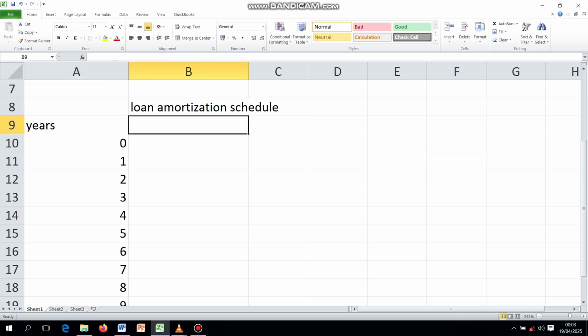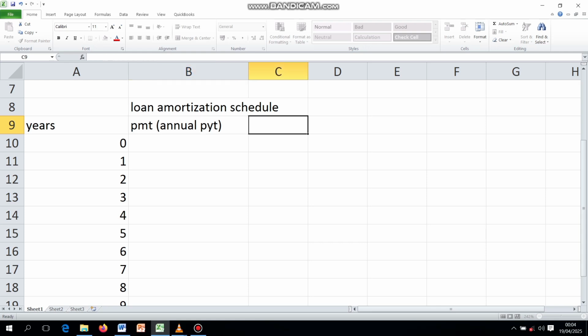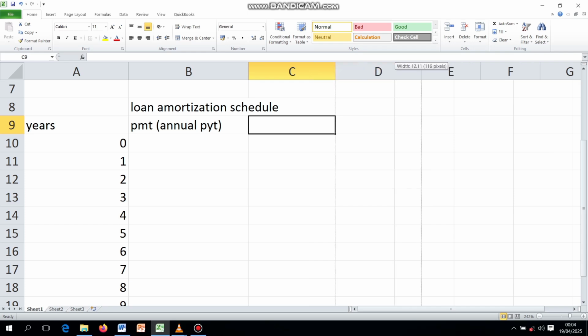So here I will have the annual payment, then here I will have the principal payment.